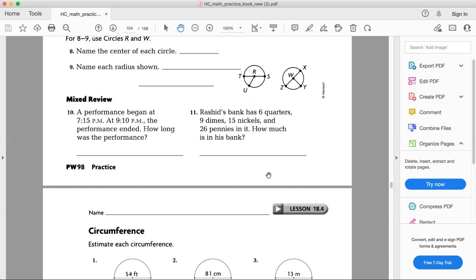Ma'am, 56. Can you explain to me better? Yes, ma'am. 6 plus 9 is 15. 15 plus 15 is 30. 30 plus 26 is 56.